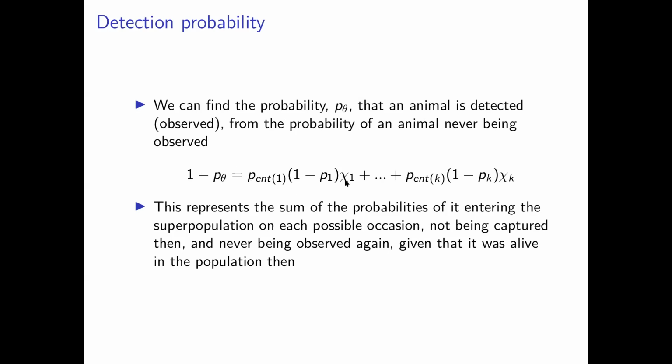And that probability is just the sum of the probabilities of the animal entering the superpopulation at that time, not being captured, and then never being seen again. So it could have entered at time 1 and not been captured, and then never been seen again. Or it could have entered at any time and not been captured and never been seen again. So if we just add up all of those probabilities, that's the probability of never seeing an animal. And so, we can just rearrange this to get the expression for the probability of seeing the animal at least once.